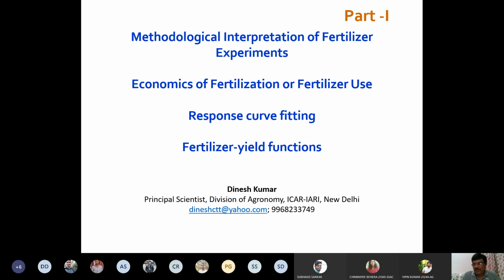So the price of output was 250, because due to 1 kg nitrogen you got 25 kilograms of grain, multiplied by 10 rupees a kg. The rate of fertilizer nitrogen is 25. So 250 divided by 25 comes out to be 10. That means by investing 1 rupee in nitrogen, you are getting 10 rupees.